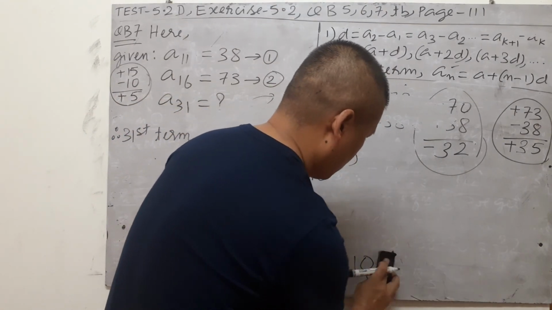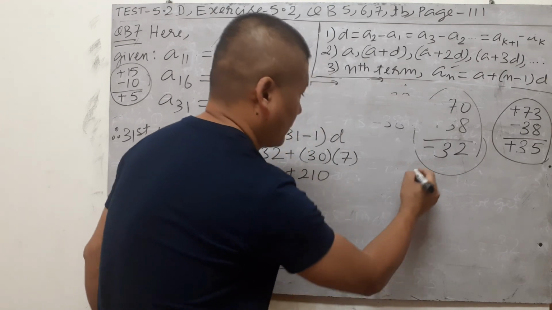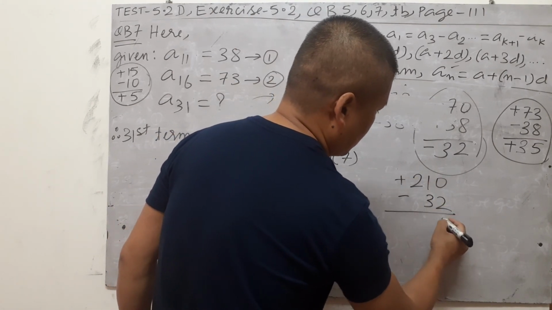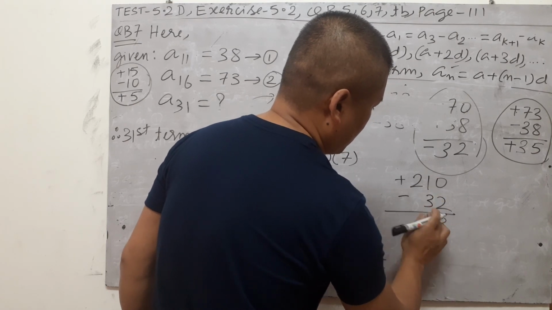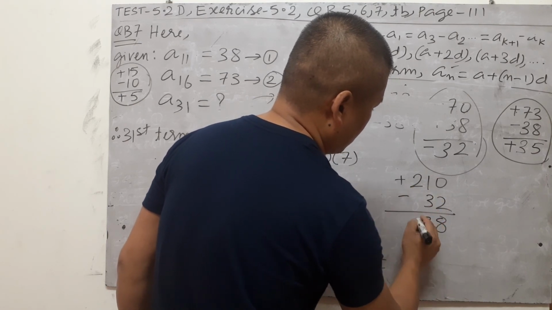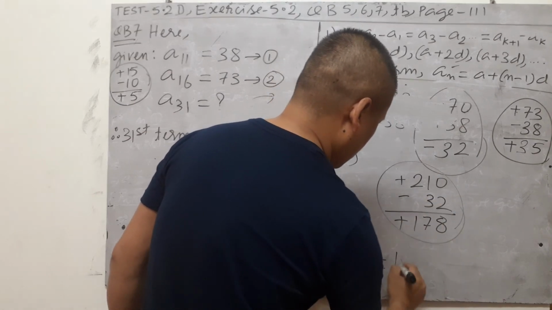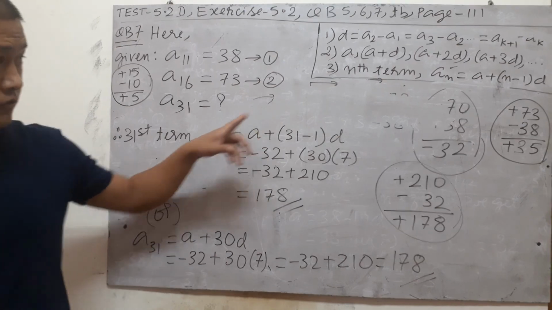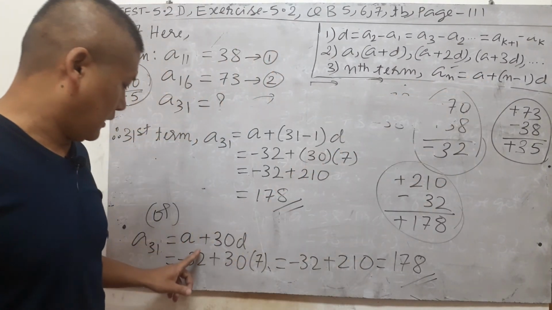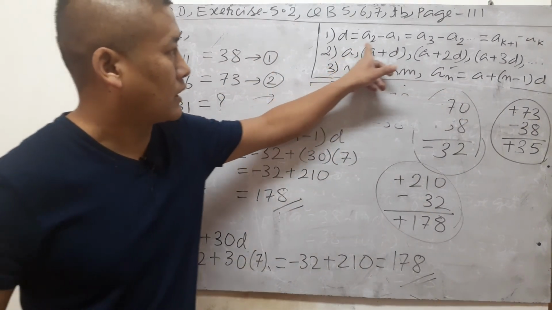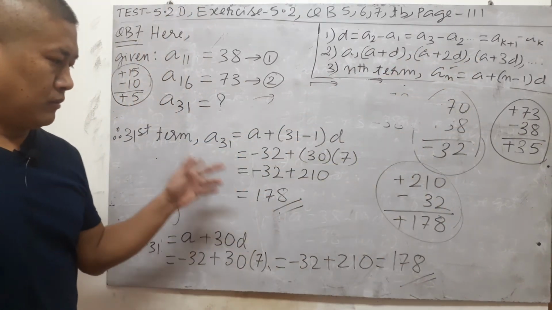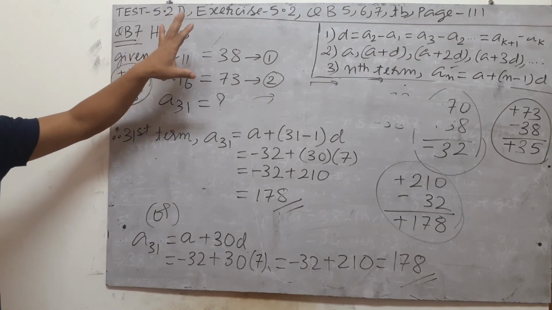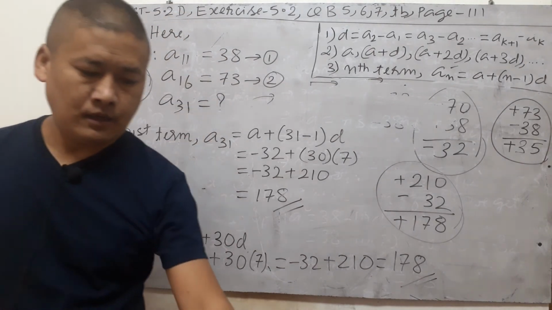Same answer you will get. So 210 minus 32 subtraction, 10 minus 2 8, 1 taken, so 10 minus 3 7, 1 taken, so only 1 left, 178. So whether you do by this first method using this formula, or do by the second way by using this second formula, your answer is going to be the same. So it's a matter of your choice, right? So that completes the part for test 5.2D. I hope you got it, right?